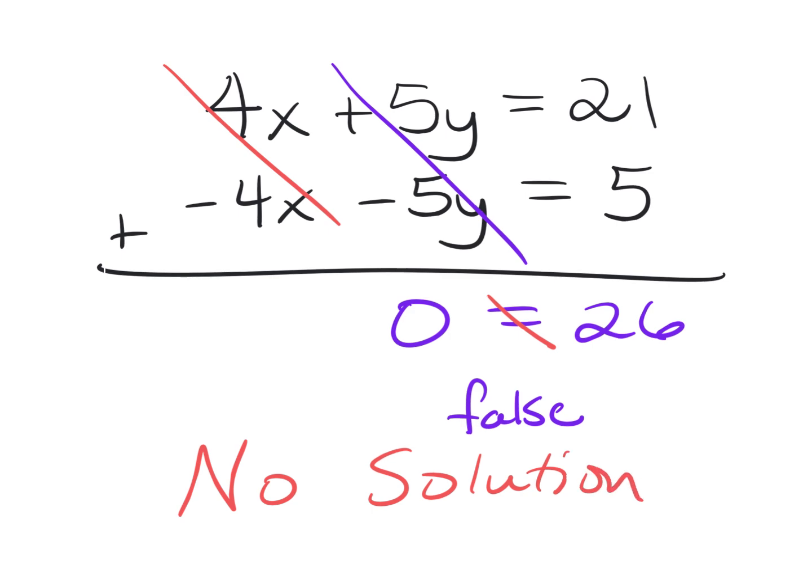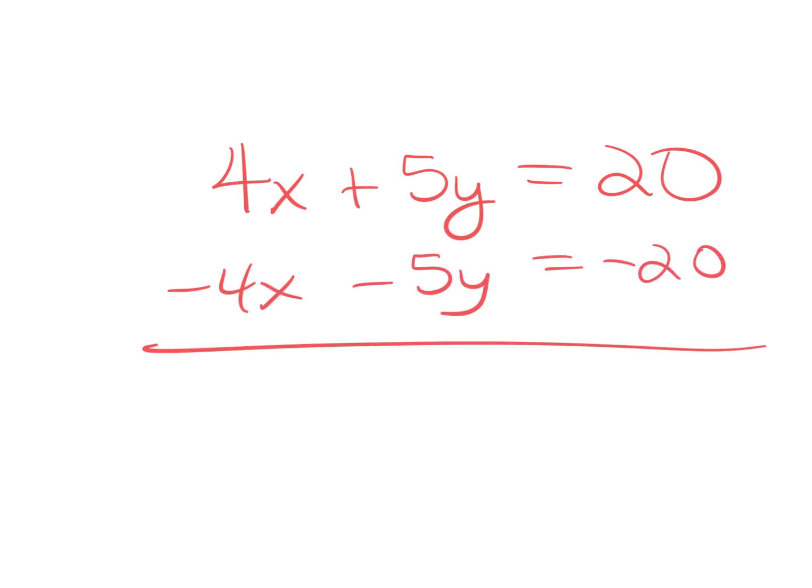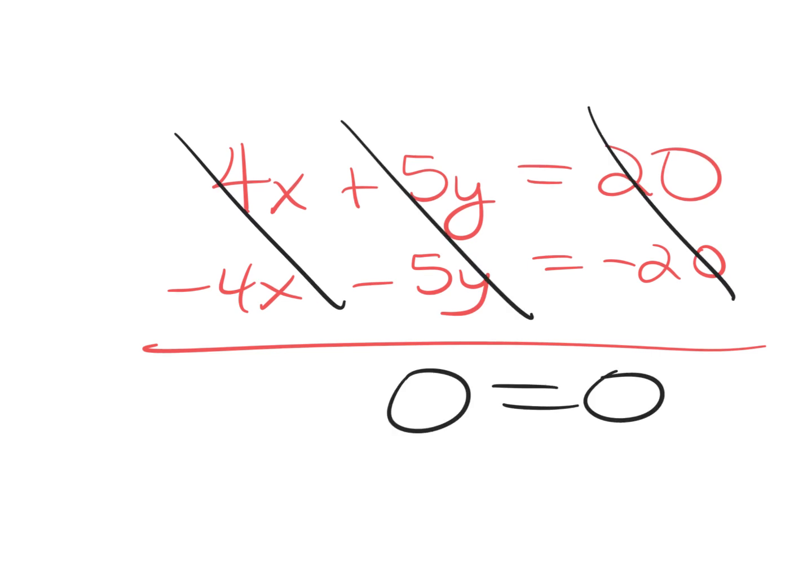Let me add another one. All right, let's just say it was 4x plus 5y equals 20. And then negative 4x minus 5y equals negative 20. Notice, cancel, cancel, cancel. So 0 equals 0.